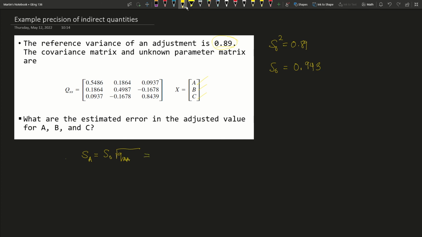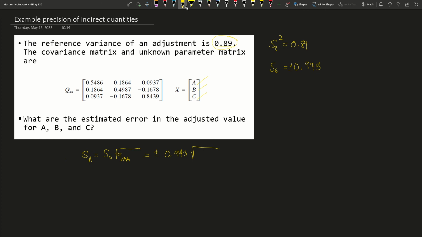Here, that would be plus or minus 0.943 times the square root of QAA.